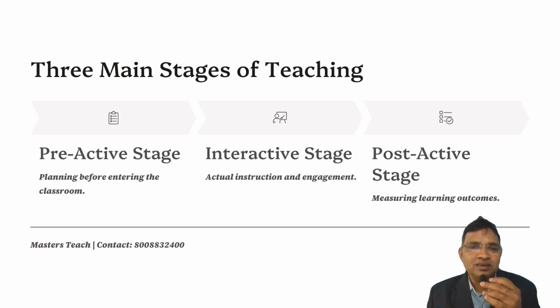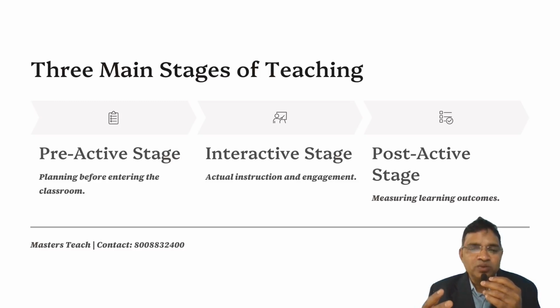So as I said, teaching is a systematic process. The system consists of the pre-active stage, interactive stage, and post-active stage. The pre-active stage is before entering the classroom, like making the lesson plan and preparing the TLM, and how you are going to give the individual instruction plan.